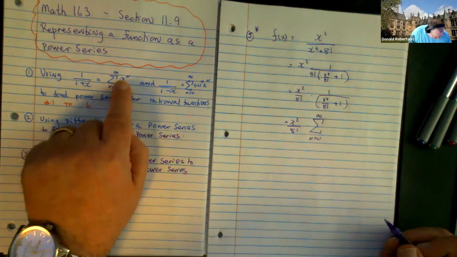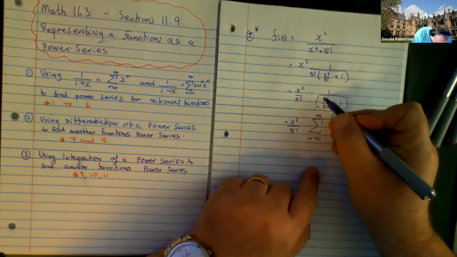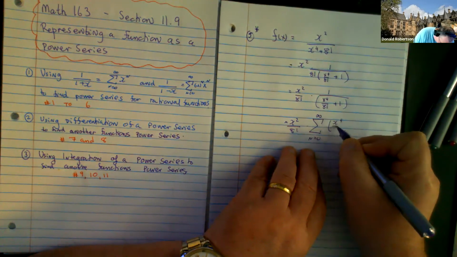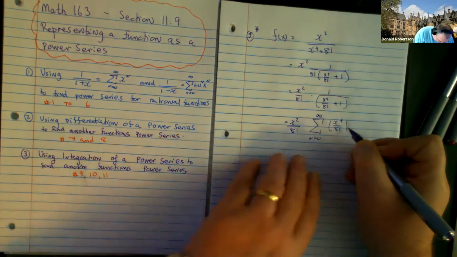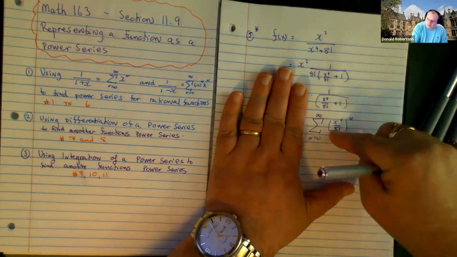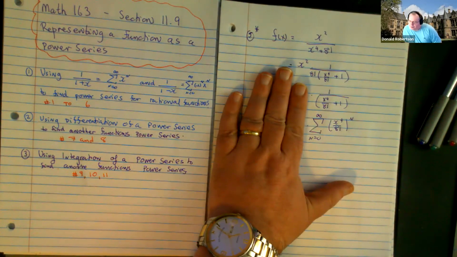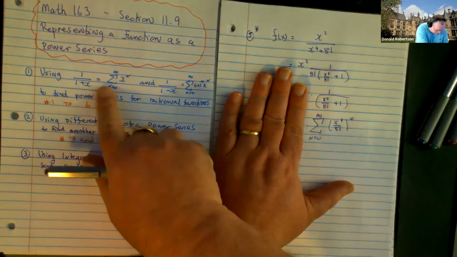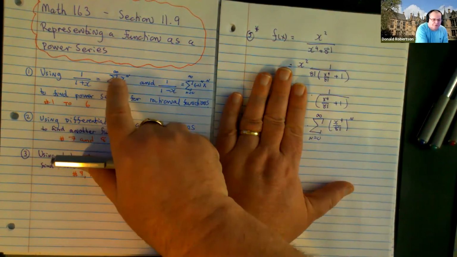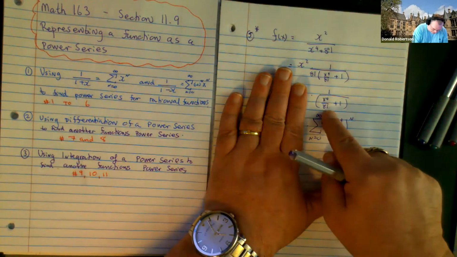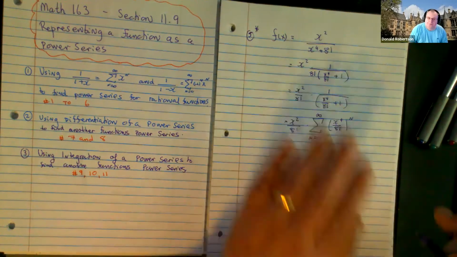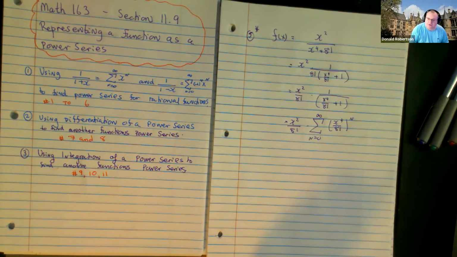This x here is going to get replaced by that package there. So essentially, I'm going to do x to the 4 over 81, to the n. Are you comfortable about this being converted into that power series? I'm essentially using this building block and substituting the x for x to the 4 over 81. So far, so good.